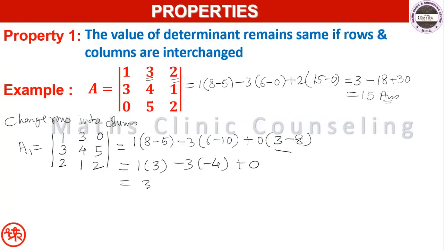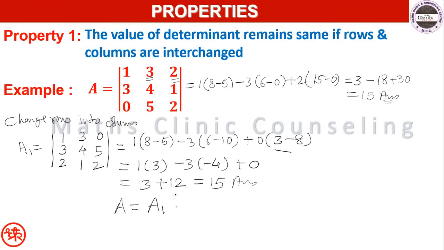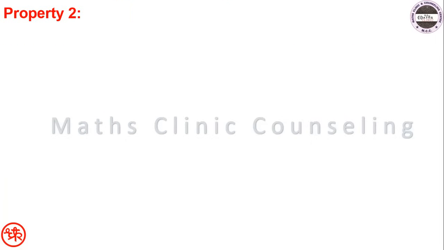So it becomes 3 plus 12, which is equal to 15. That is the answer. So you will find that A is equal to A1. In this way the property is verified. A is the given determinant and A1 is the determinant obtained by interchanging rows and columns. So the value remains the same. Is that clear? Now property 2.